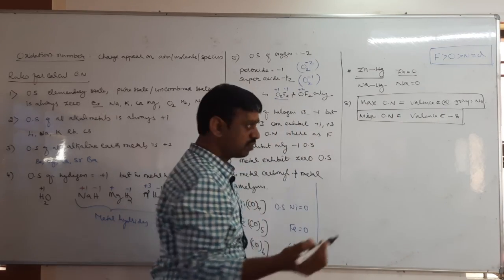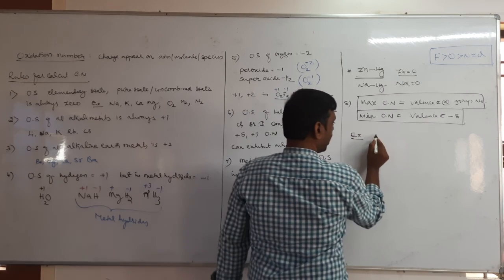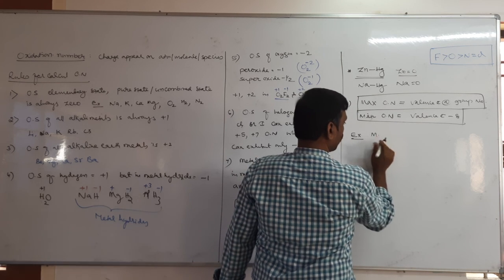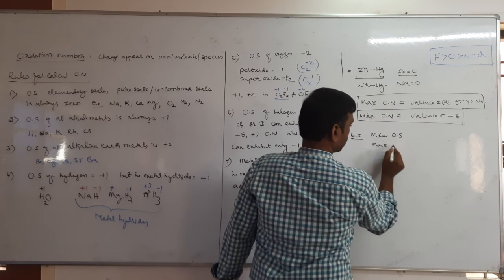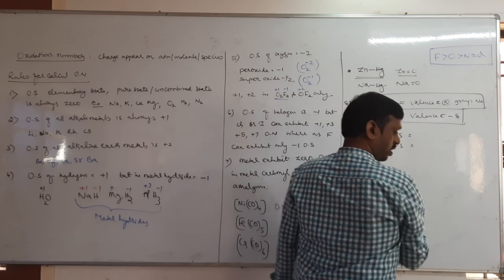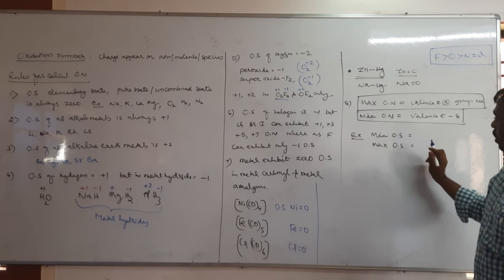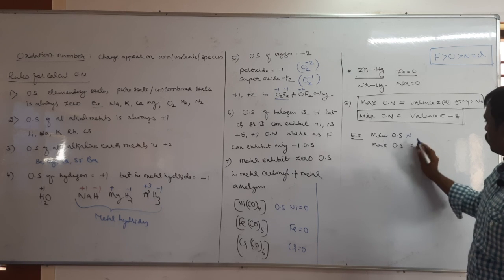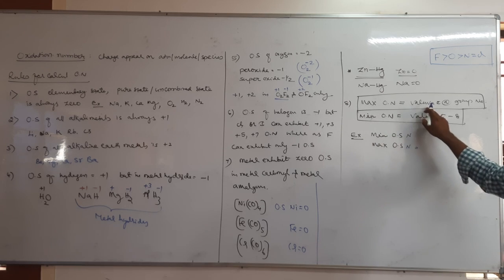For example, tell me the minimum and maximum OS of nitrogen. Tell me the maximum first. Maximum OS is equal to valence electrons or group number.